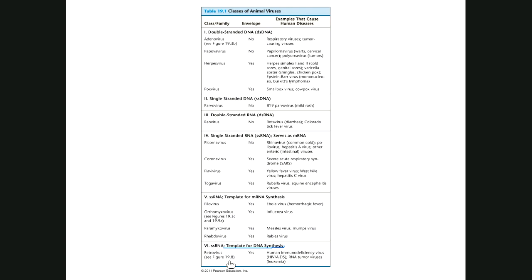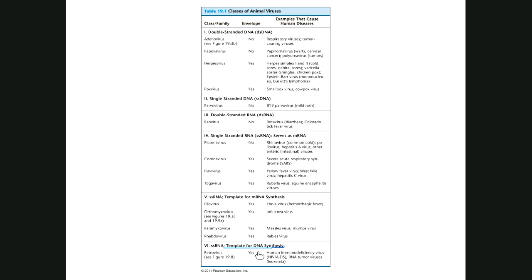And it has to do with this here. It begins with this. HIV has its genetic information stored in single-stranded RNA, just like class 4 and class 5 viruses. And it serves as a template, just like class 5 viruses. But notice something. The single-stranded RNA from HIV serves as a template for DNA synthesis, not RNA synthesis.